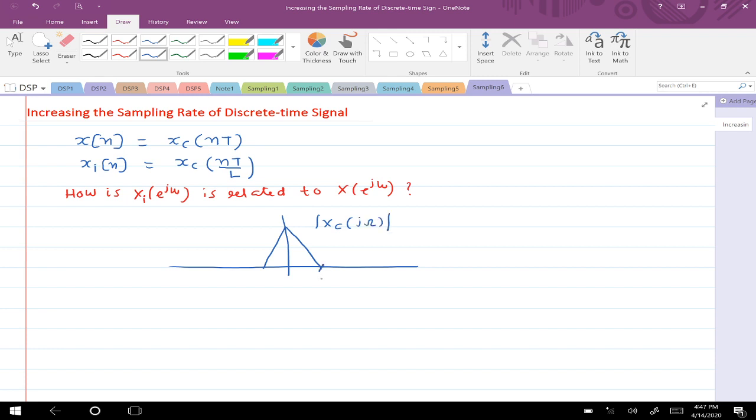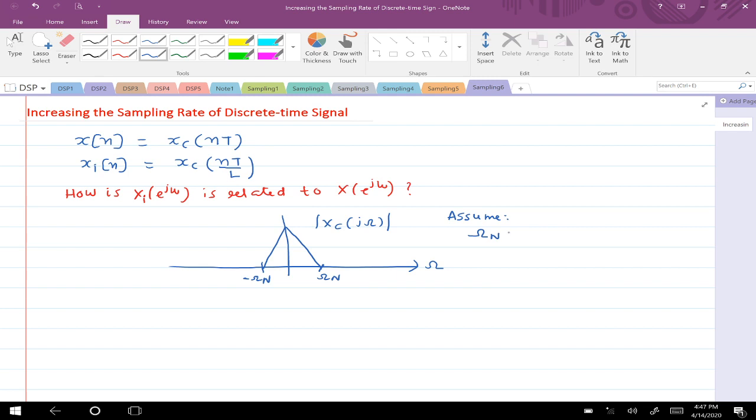That is a band limited signal with its highest frequencies being minus omega N to plus omega N. For the convenience of drawing these spectrums, without loss of generality, you would see later that whatever inferences we are drawing would still hold good when we change these assumptions.